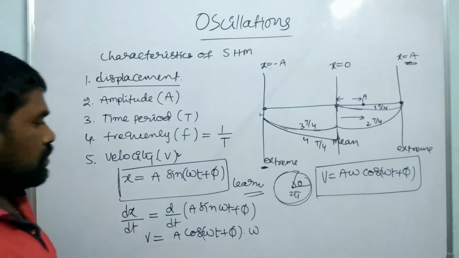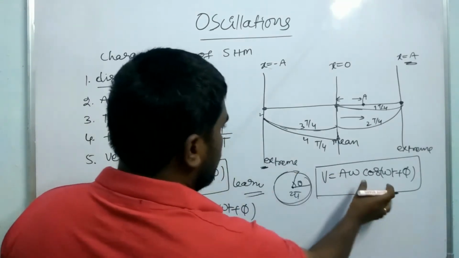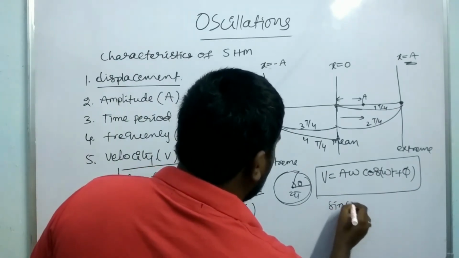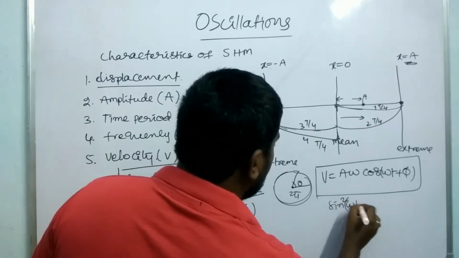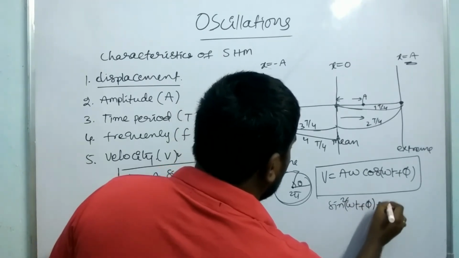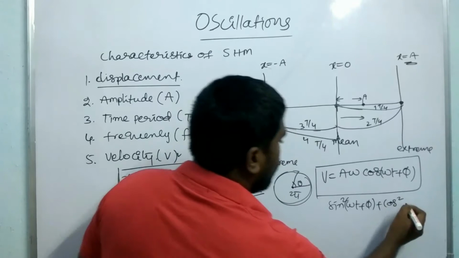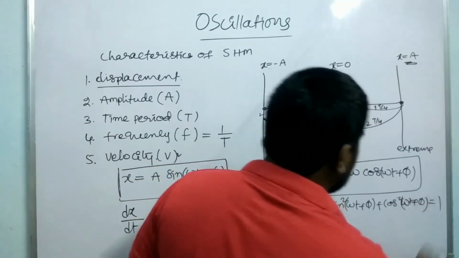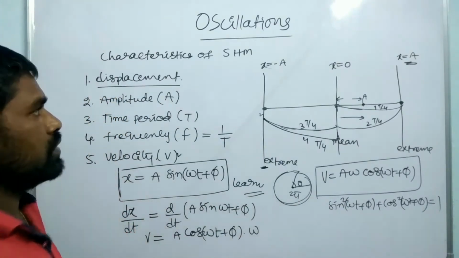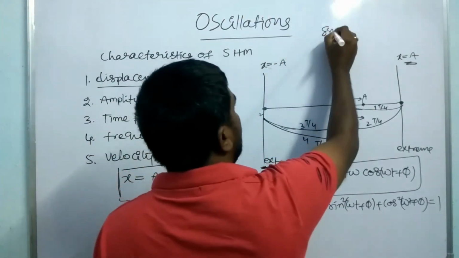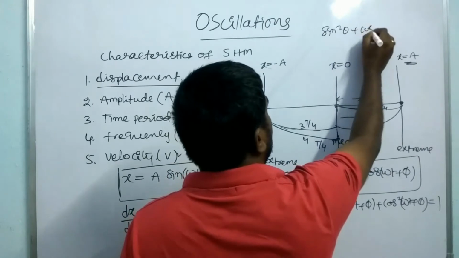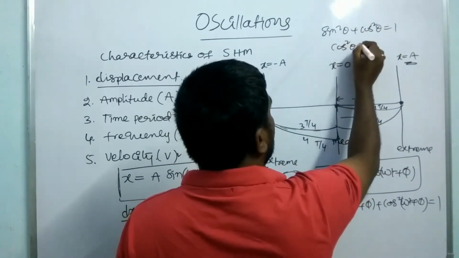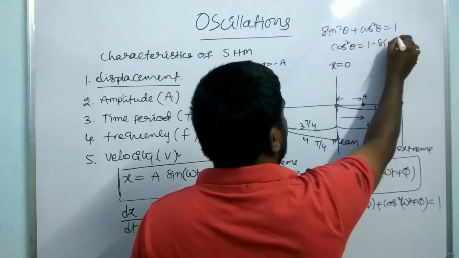Here we can write sin square(omega t plus phi) plus cos square(omega t plus phi) is equal to 1. That is, sin square theta plus cos square theta is equal to 1, then cos square theta is equal to 1 minus sin square theta. Clear?